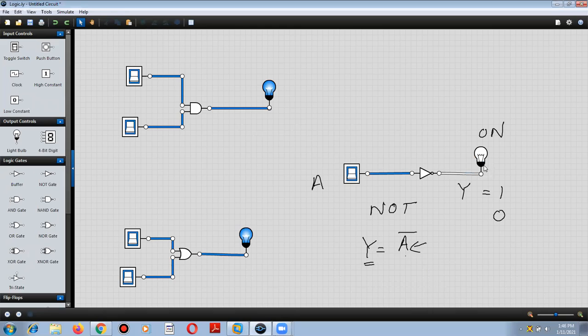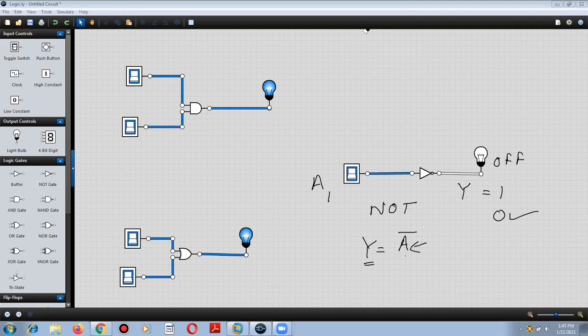Now you can see that the bulb is off. So that means when A input is 1, output is 0, and therefore the bulb is off in this case. So this is how we have verified the truth table for NOT gate. So this is how all the basic gates work.